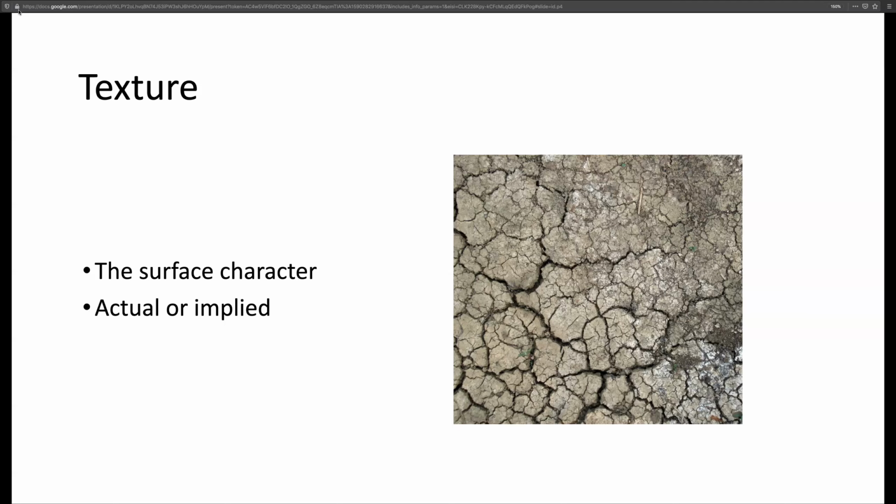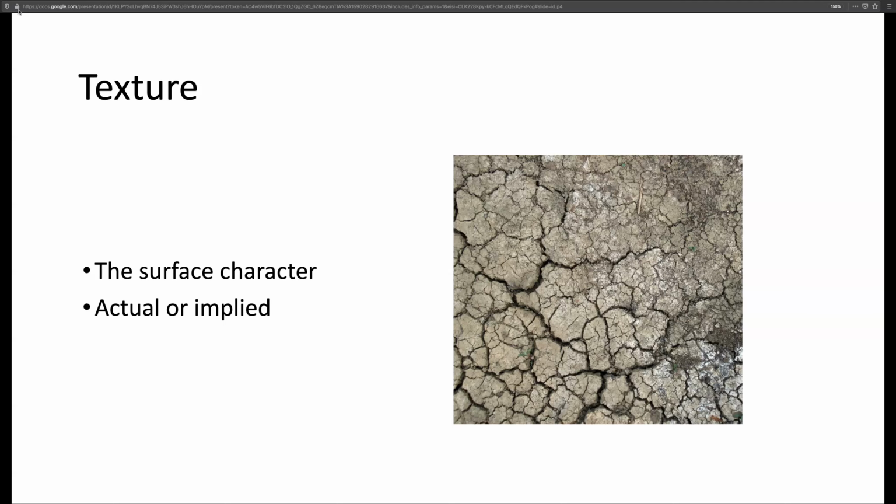Texture is basically the surface character of a thing. What you're looking at right here is actually a photograph of earth, of dried up dirt. And so if you think about the tactileness, like what would this feel like if you were to rub your hand on it, right? And it comes across in this photograph. Now, if this was a sculpture and it was covered with this dry dirt, that's also the texture of it.